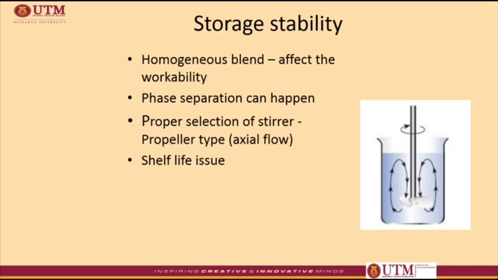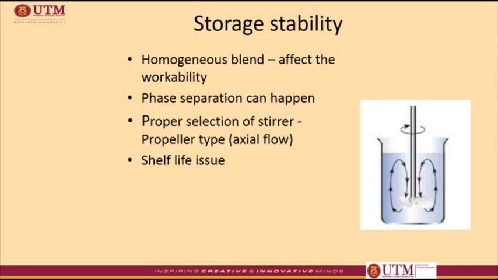This is the issue that happened in Malaysia when crumb rubber was initially introduced a few years ago in the asphalt binder without any modification to the mixing facilities. The problem could be minimized with proper selection of stirrer and temperature control and the addition of additives during storage for better pumpability or workability of the mix during both production and construction.